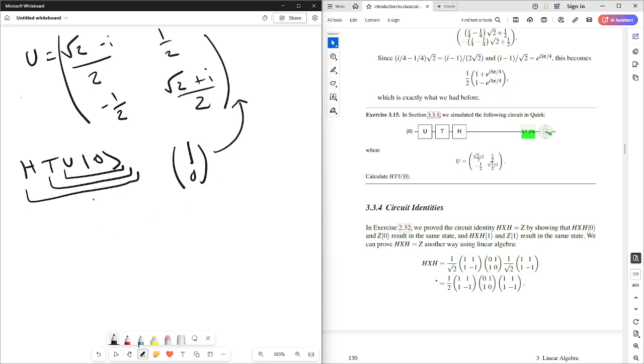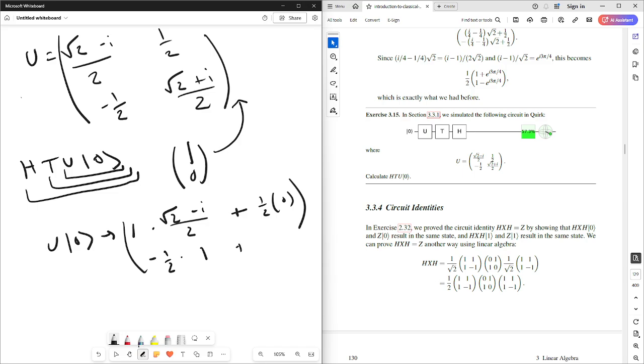So we know that the result of U on 0 is going to give us 1 times (square root of 2 minus i) over 2 plus 1/2 times 0, and minus 1/2 times 1 plus 0 times (square root of 2 plus i) over 2.